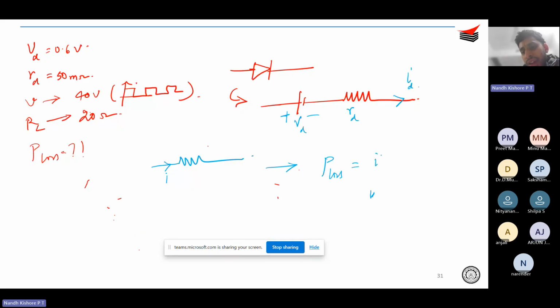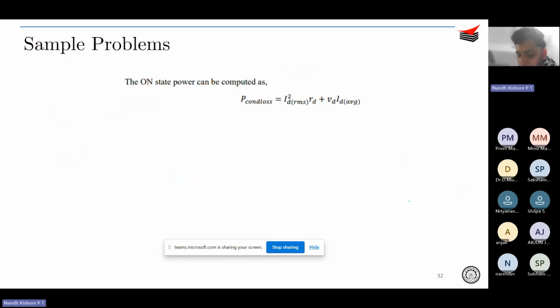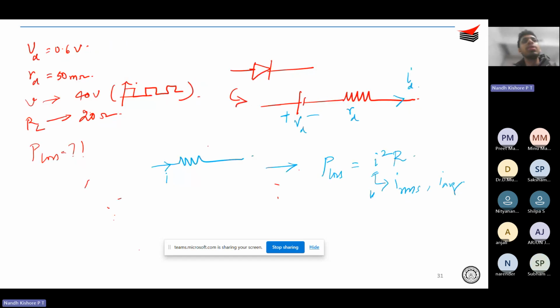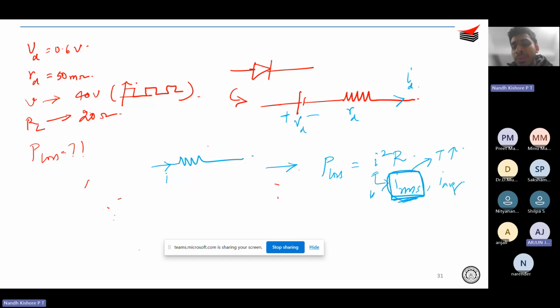We call the power loss I square R, right? But what is this I? Is it I RMS or I average? If you remember the basic definition of RMS current, you would understand that RMS current is that amount of equivalent current which causes it to heat up. So this is the current that causes the power loss in the resistor and causes the temperature to increase.